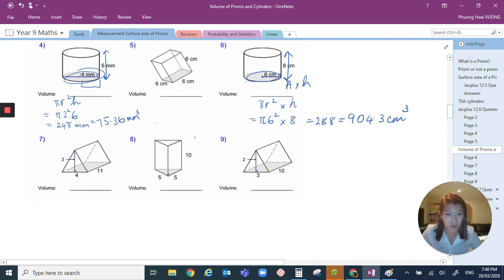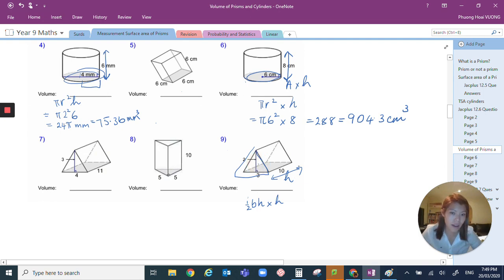So let's have a look at this one over here. The area that we're going to want to repeat is this one, and therefore that is going to be our h. So the area of a triangle is half base times height, and then we're going to multiply by that h. Take note that this height is not the same as this height.